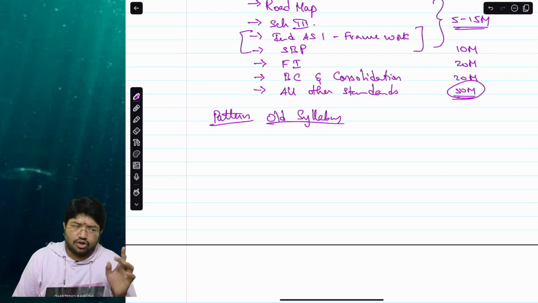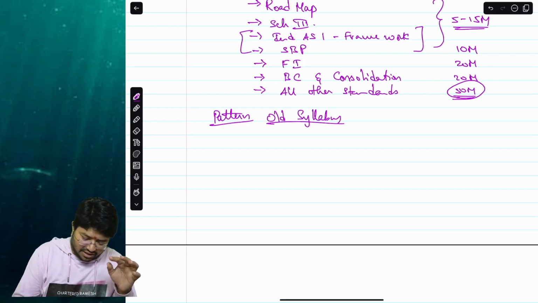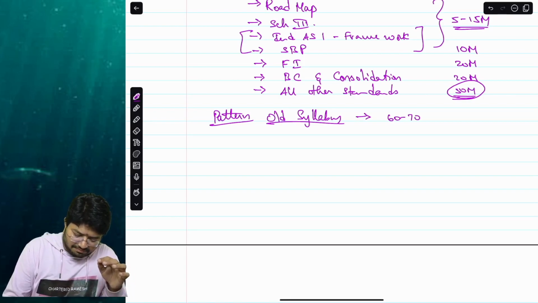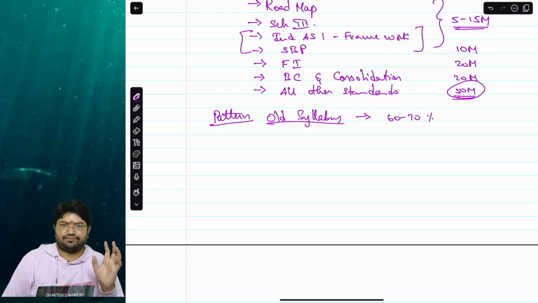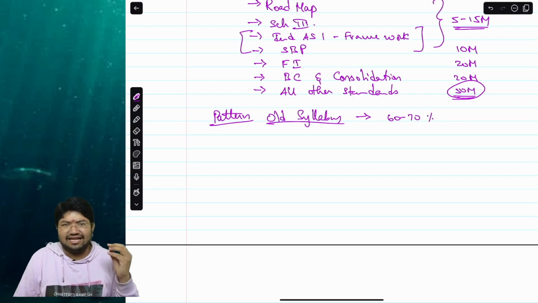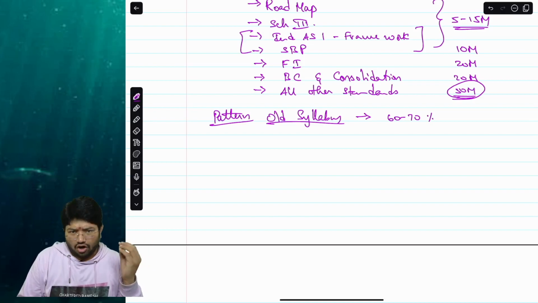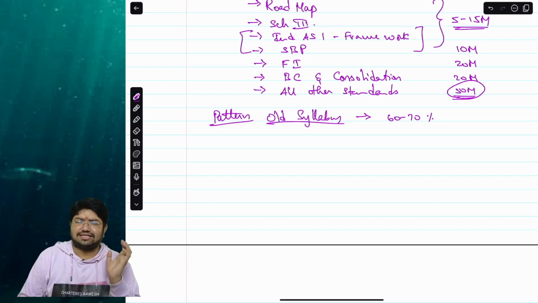However, though it is conceptual testing, roughly around 60 to 70% of the questions are either directly lifted from the institute study material or lifted from your past exam questions, RTPs, MTPs, with slight number changes.